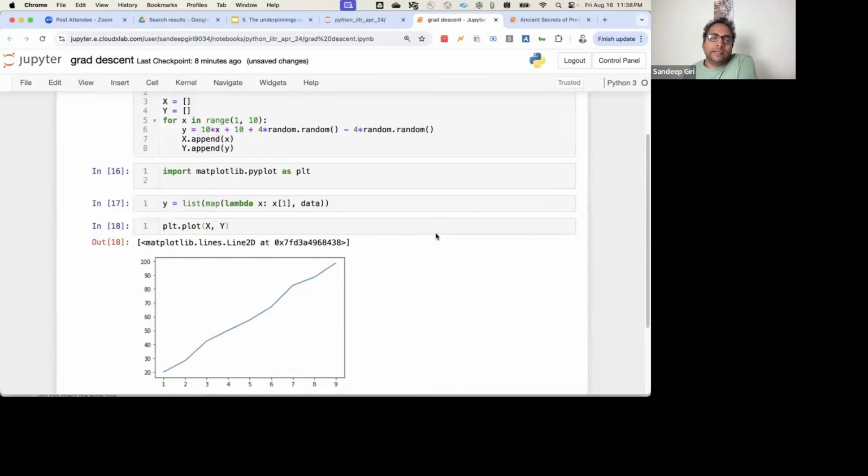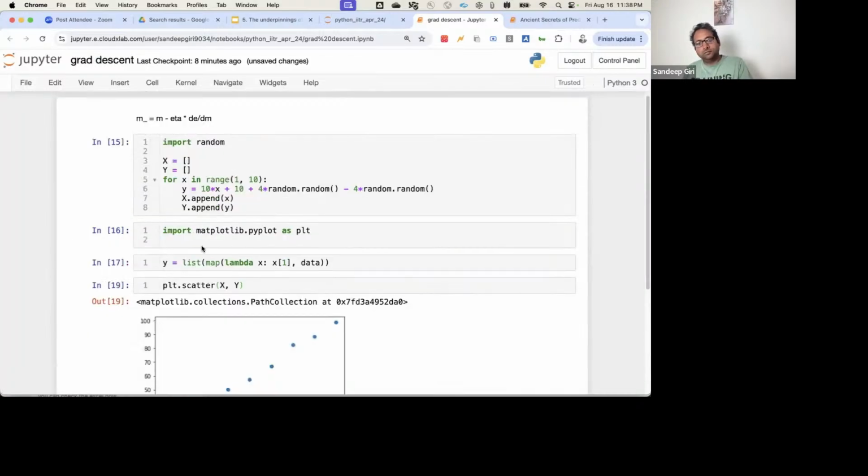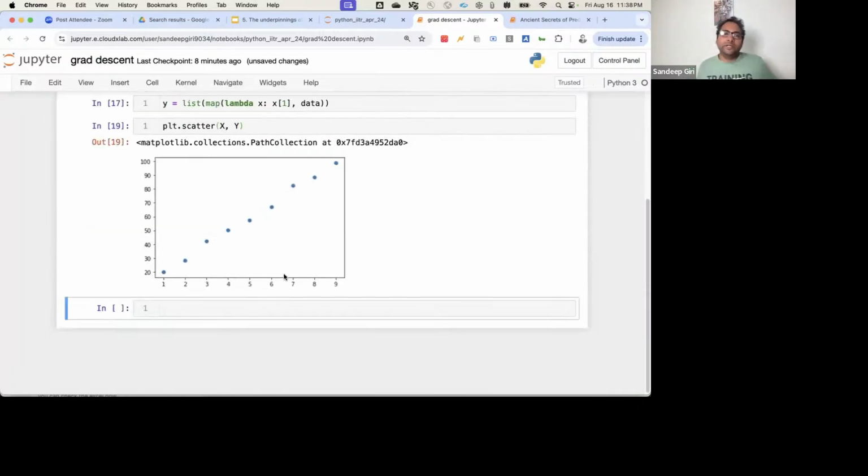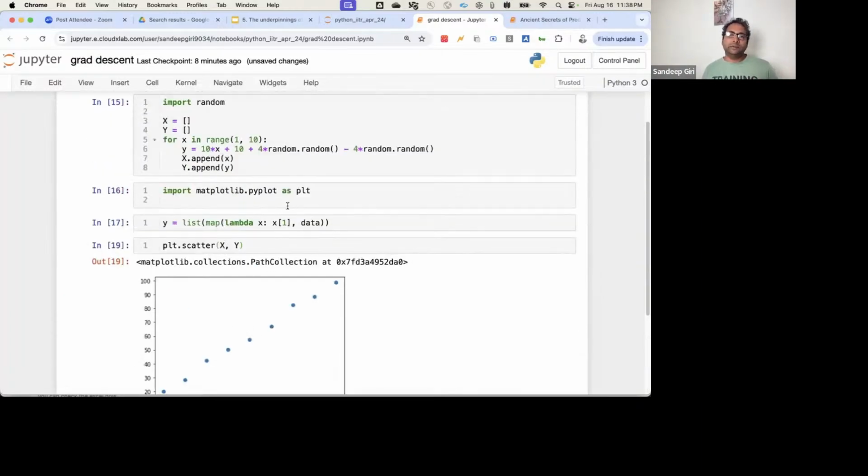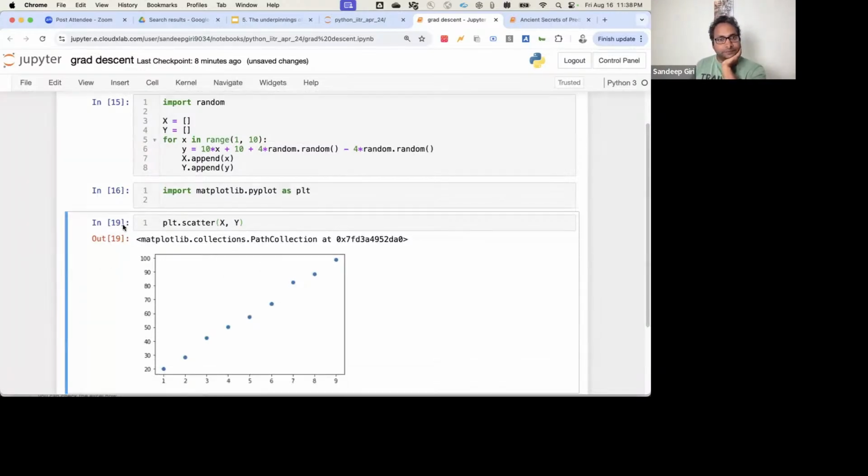Now it looks better, right? These points. Makes sense, everyone? This is the data we have generated. I hope everybody is clear about what I've done here, right?